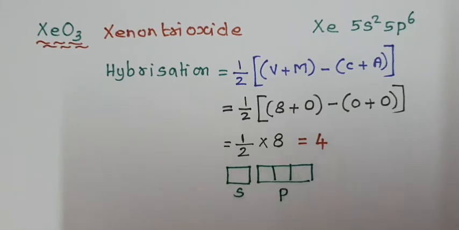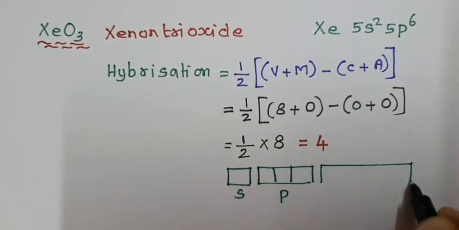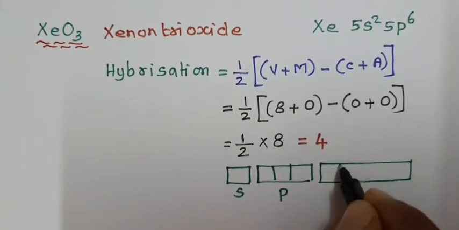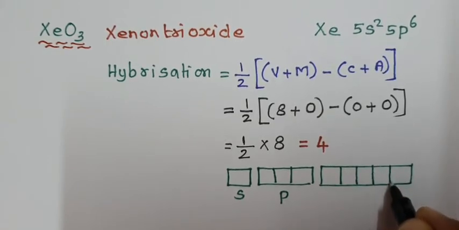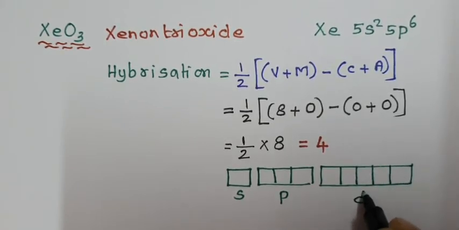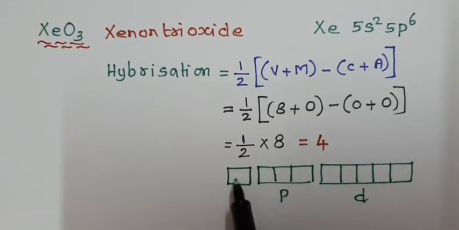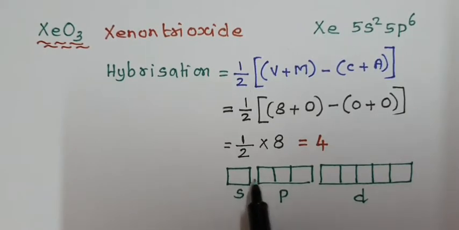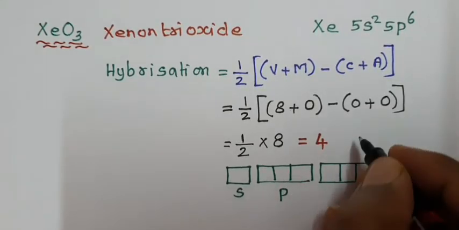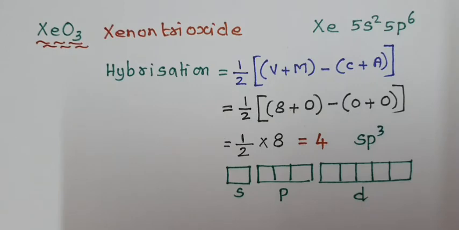The d orbital has 5 orientations: dxy, dyz, dzx, dx squared minus y squared, dz squared. Our answer is 4, so select 4 orbitals from the first: 1, 2, 3, 4. What is the hybridization? Yes, sp3 hybridization.